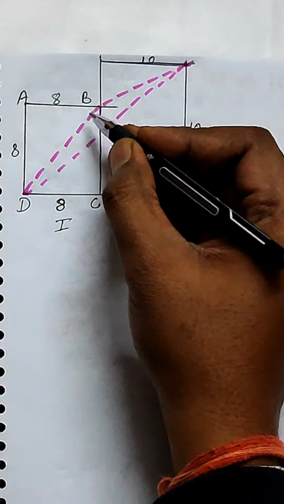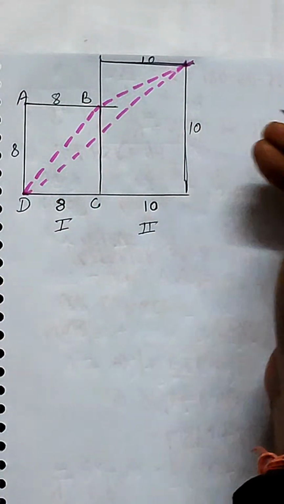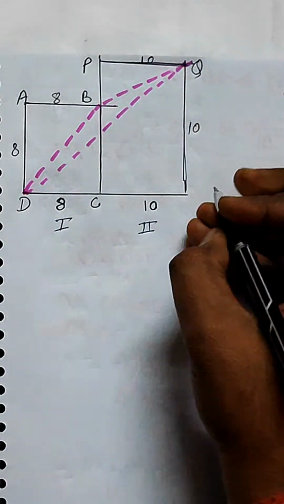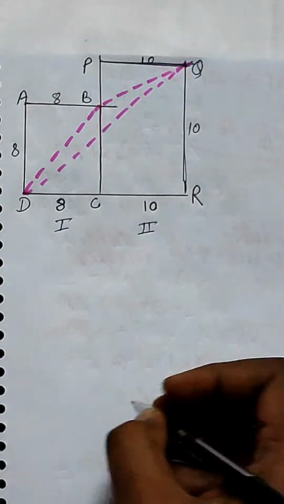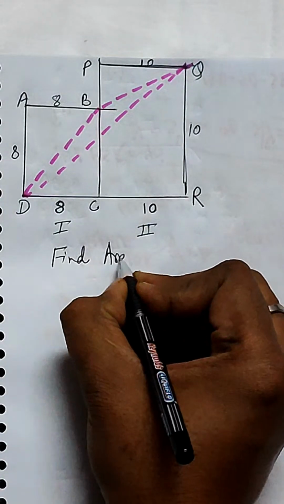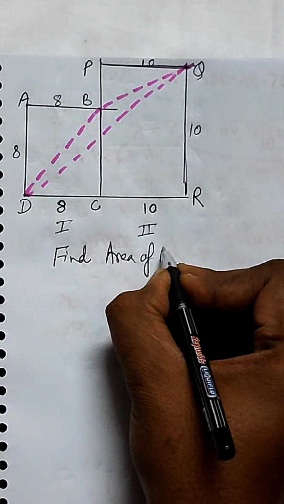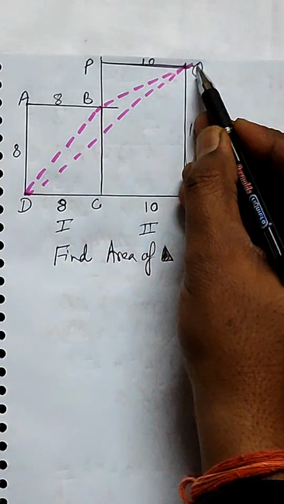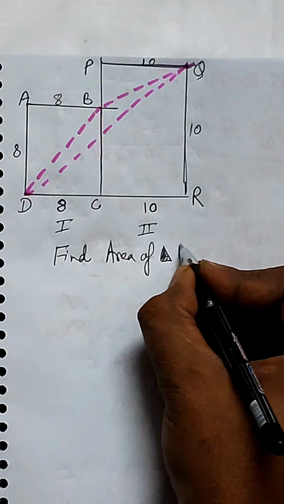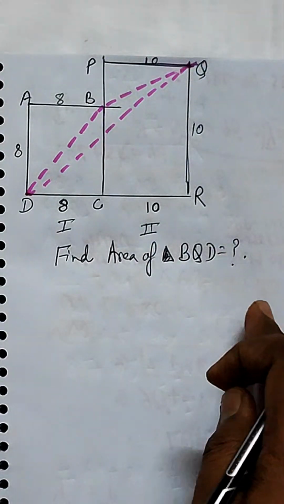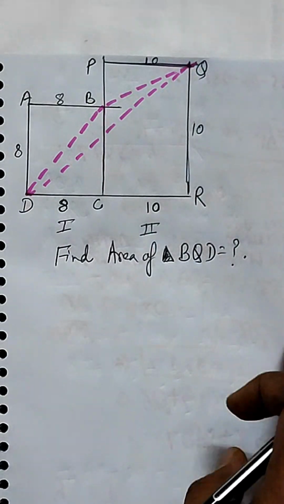So 10 minus 8, let's say this is P, Q, R and C. We need to find the area of triangle BQD. BQD is equal to what? This we need to calculate.